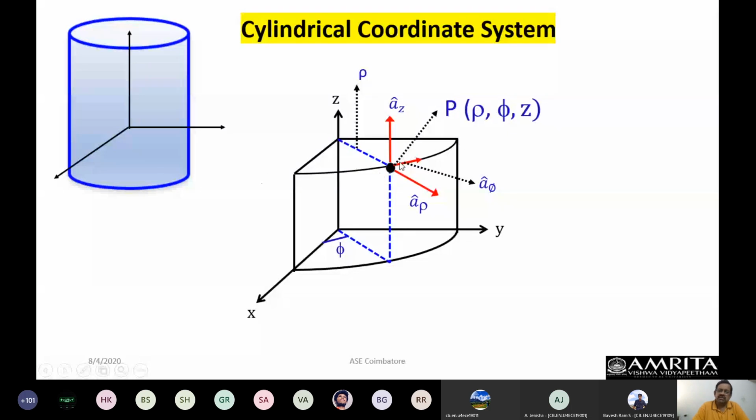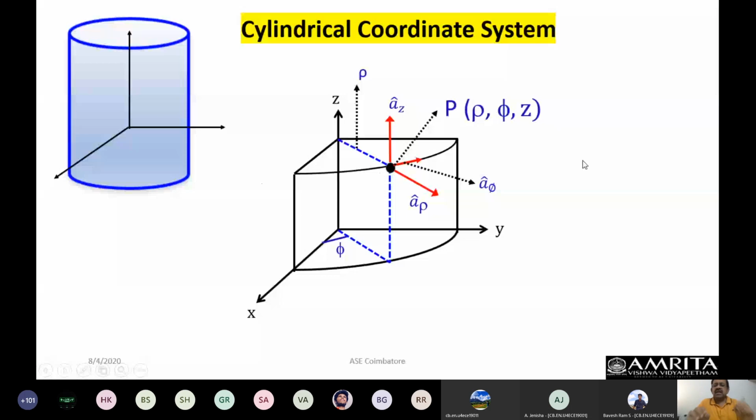For example, if I were to visualize this point over here, my unit vector a phi hat is going to be into the computer, into my screen on which you are looking at this presentation. If it is a board, it will be into the board. And the radius vector, if the point were here, is going to go in this direction.